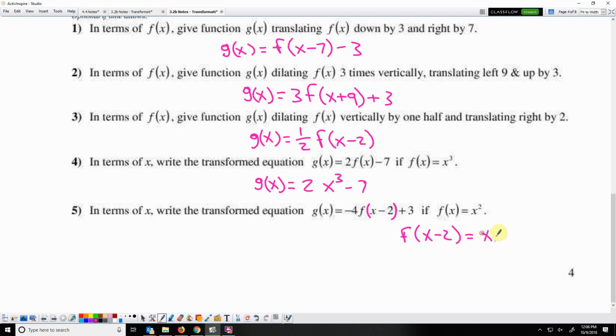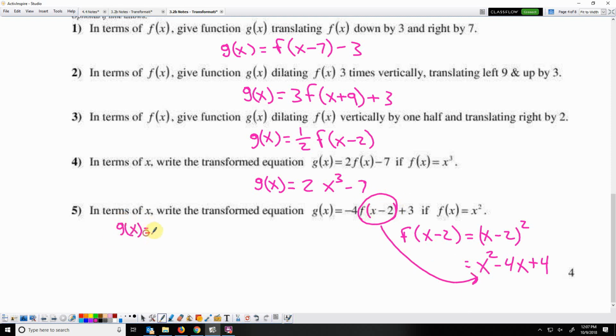So that is x minus 2 squared. X minus 2 squared: first term squared, then double the product, so that's negative 2x, doubled is negative 4x, and the second term squared is plus 4. So f of x minus 2 is equal to all of that.